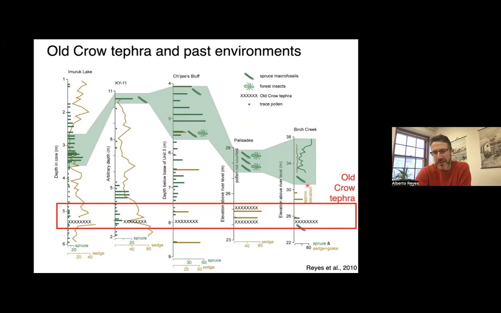One of the things we see here is the presence of Old Crow tephra stratigraphically beneath paleoecological evidence for full interglacial conditions. We have lots and lots of spruce and extralimital insect taxa and some extralimital plant taxa, indicating warmer than present conditions sometime after the deposition of Old Crow tephra.